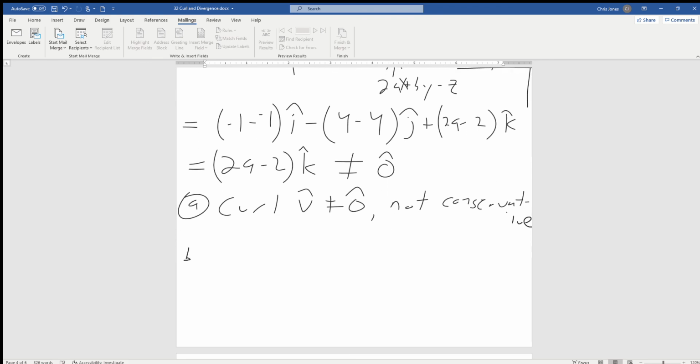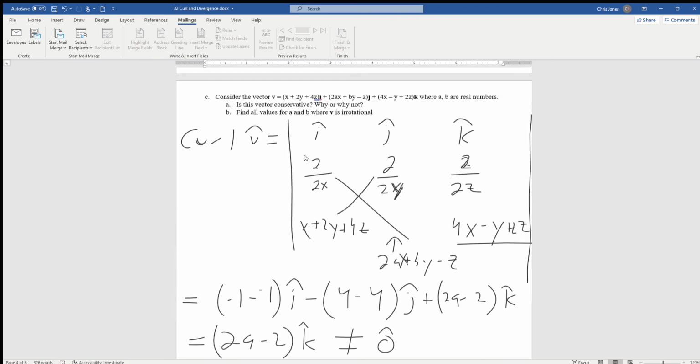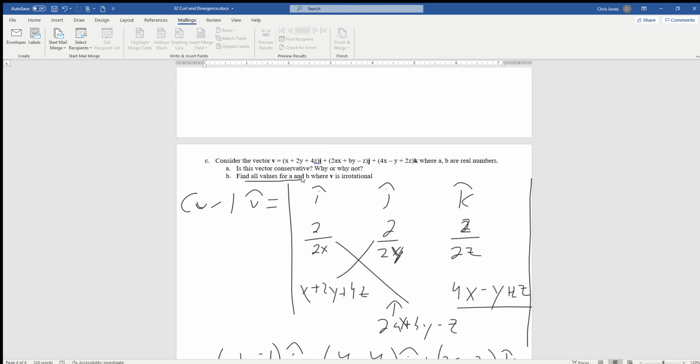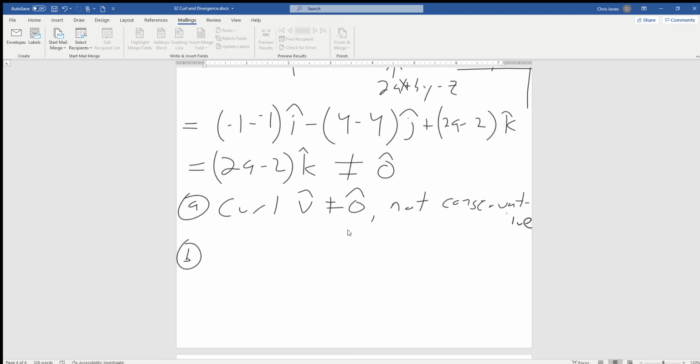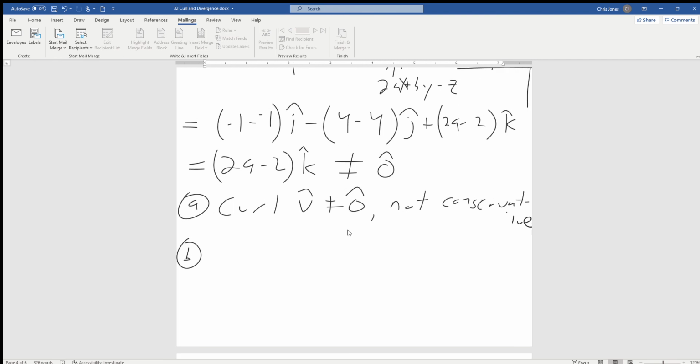For letter B, remember it asks us to find all the values for which v is irrotational. Well, irrotational means that the curl of the vector is going to be 0. So we're going to say 2a minus 2 has to be equal to 0. All we're doing is setting each of the coefficients of i, j, and k equal to 0.